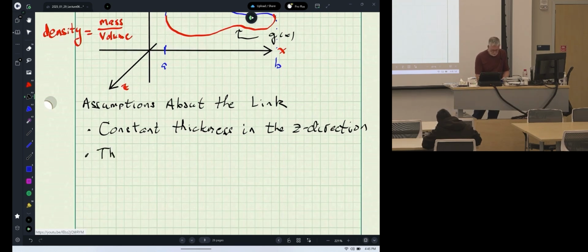And the density, and one often uses the Greek symbol rho, is constant throughout the link.